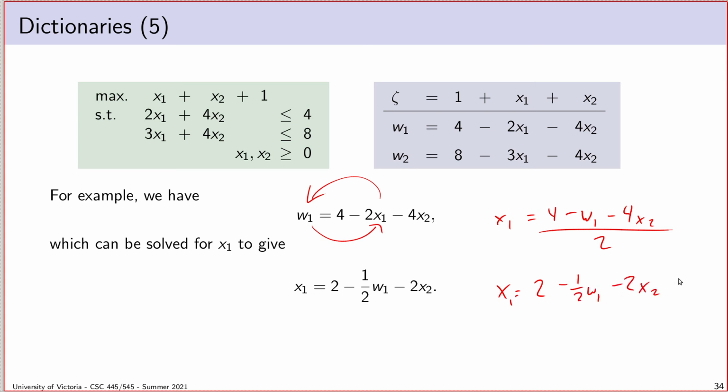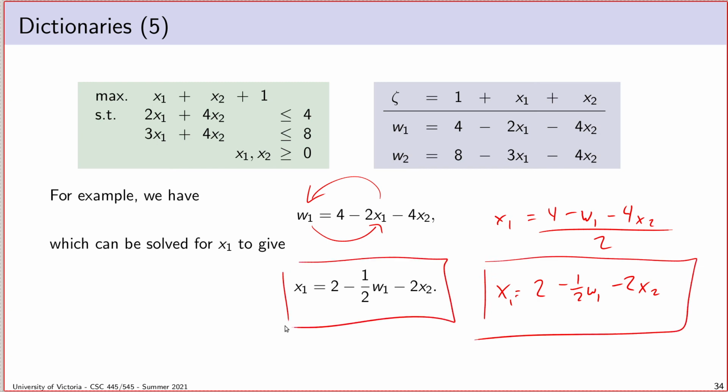So of course, it's a system of equations. I am welcome to solve one equation in terms of some other variable all I want. Okay, so I happen to know that x1 is equal to 2 minus w1 over 2 minus 2x2. Great, what does that really do for me? And I stare at that for a minute, and I think, wait a minute. I'm using x1 over and over again in my dictionary form.